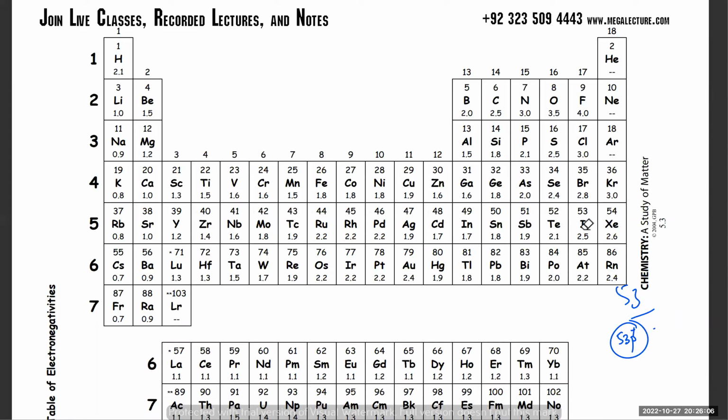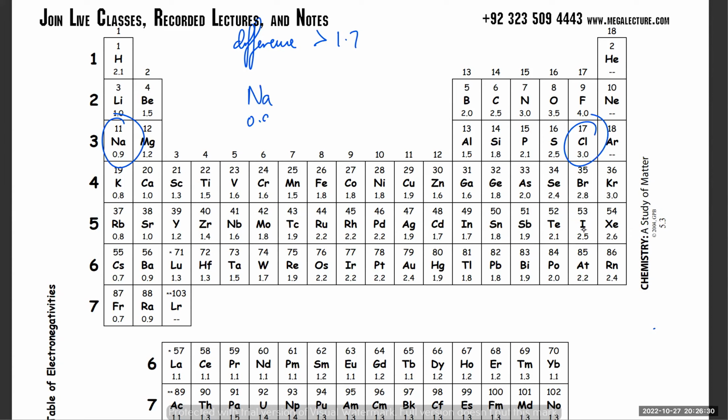Because they're less shielded. So the idea is that elements have certain electronegativity. If the difference happens to be greater than 1.7, that means the compound is going to be ionic. Like if you take Na and Cl, what is the difference?